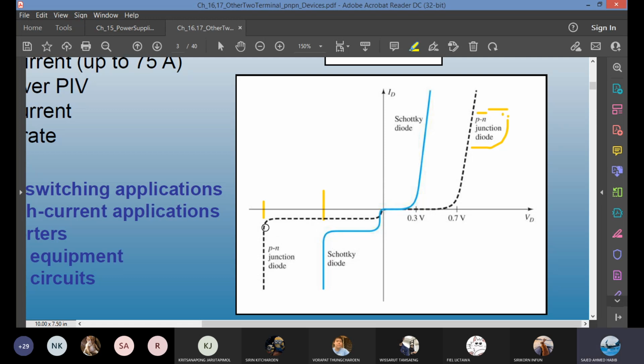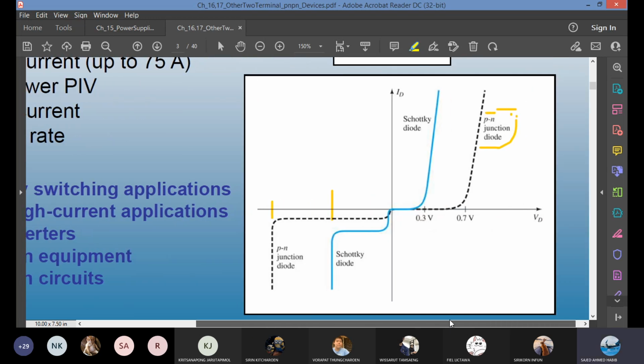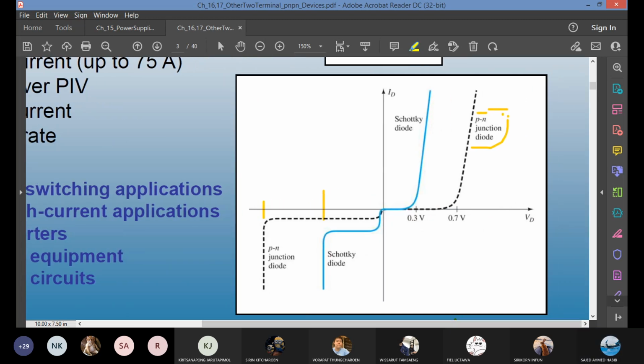It can break down before the PN junction diode. So the construction is different from the regular conventional PN junction diode. How? We'll come to that soon. But the different construction technique results in a different set of characteristics.